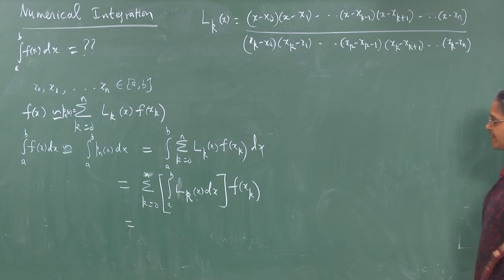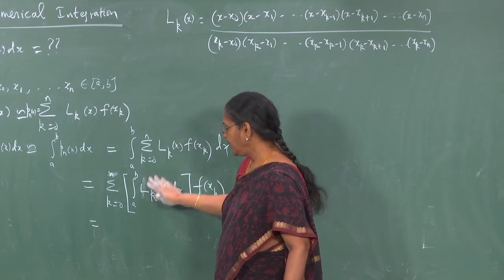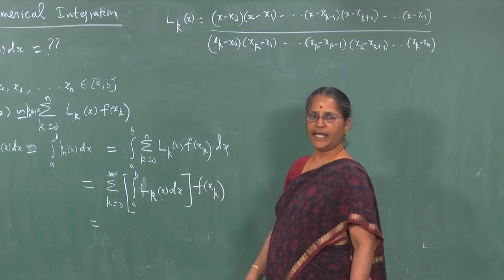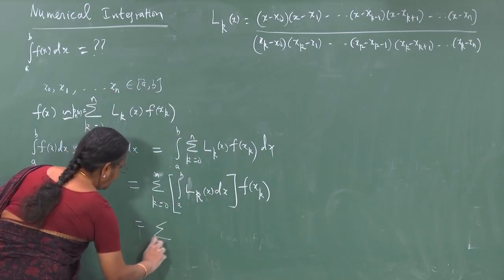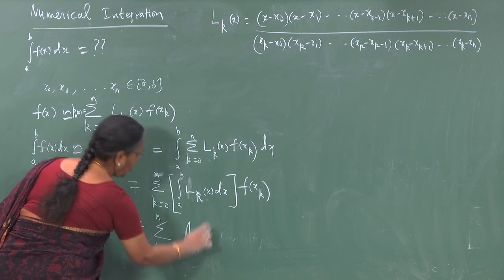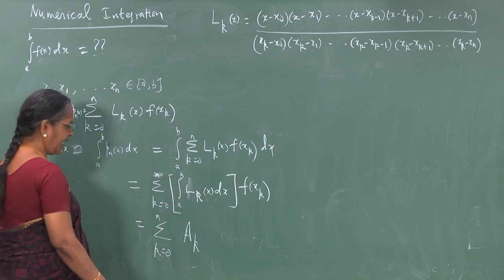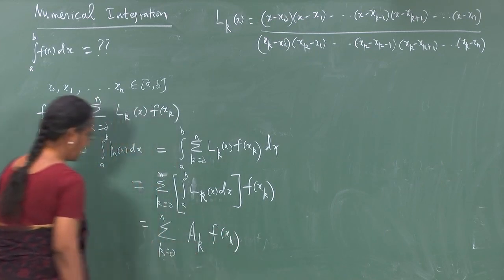So, L k of x are all polynomials, and therefore, we know how to integrate these polynomials between a and b. So, we write down the result. So, that will be sigma k is equal to 0 to n. We call that value when L k is integrated between a and b as a k. So, a k into f of x k.